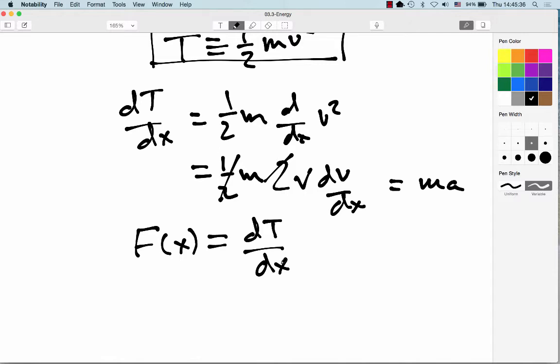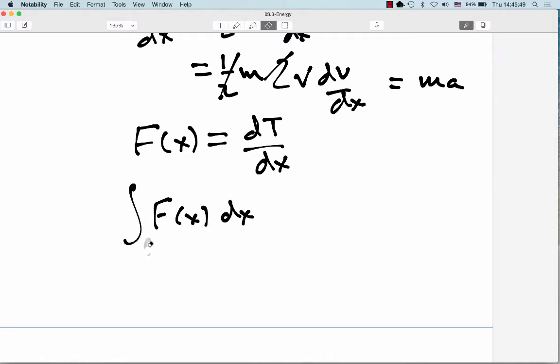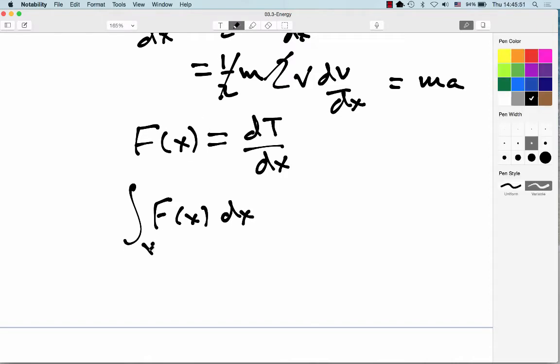So we can go ahead and think about integrating this. We would integrate F of x with respect to dx, from some initial position, x naught, to some final. And we'll define that to be the work, because it'll show up enough that it'll be worth it to us to do that. Now, what do we have left on the other side?